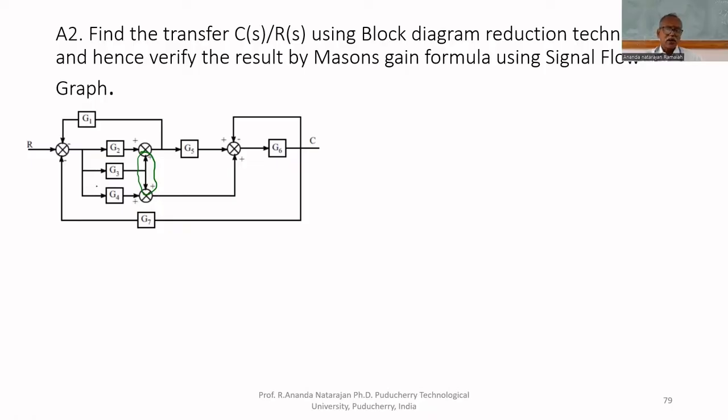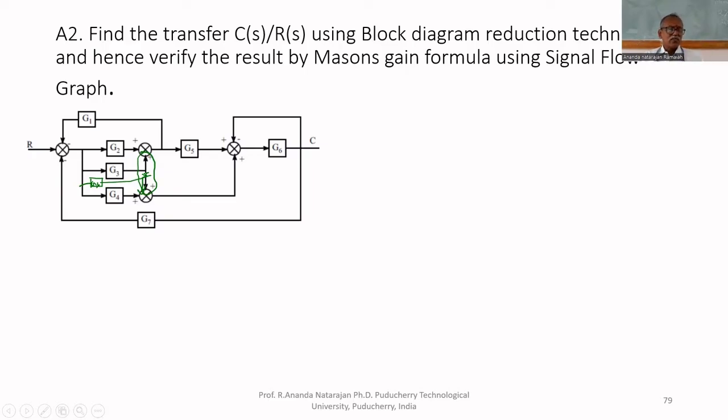This can also be redrawn. One more block you can put, G3. This goes down, and this goes up, and you can disconnect the link here. Both are correct, you know. A signal passing through G3, one part goes up, another part goes down.